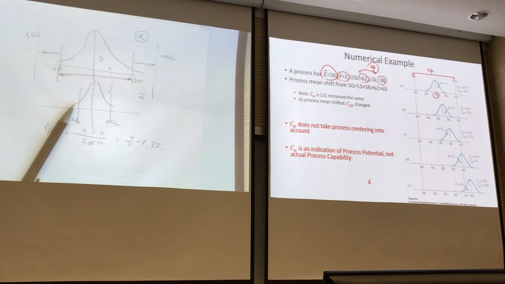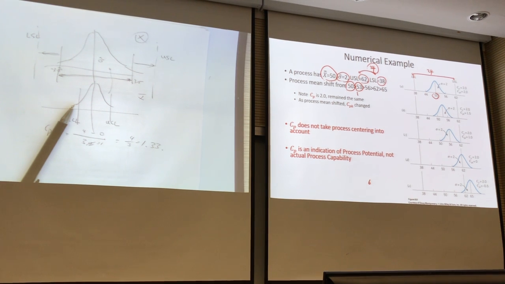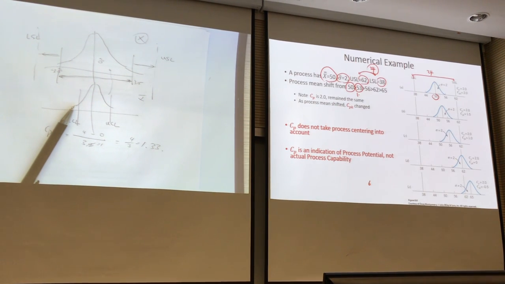So we have this scenario. Originally, the process is at center, and then we shift to 53. 53 is 1.5 sigma away. Then 56: from 50 to 56 is 6, which is 3 sigma away from the original. Moving from 50 to 53 is 1.5 sigma, and moving to 56 is 3 sigma.